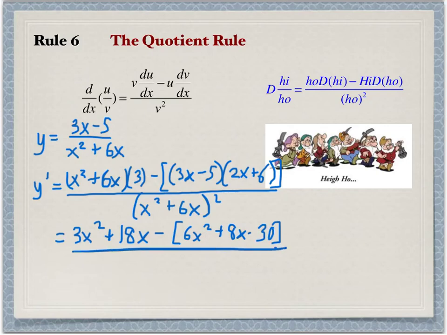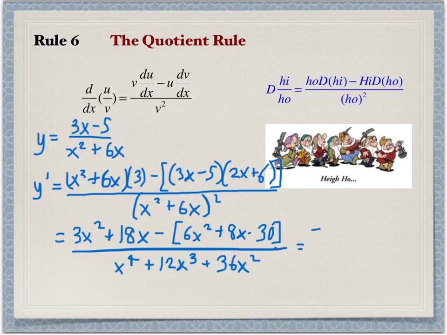All of that over the denominator squared, which I think ended up to be x to the fourth plus 12x cubed plus 36x squared. And in simplifying all that, here's my final answer.